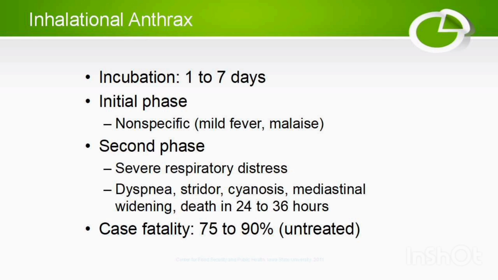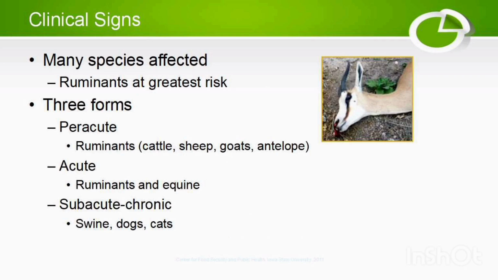The second stage of the disease is characterized by rapidly deteriorating health within 24 to 36 hours. The case fatality rate is 75 to 95% if untreated. Antibiotics and medical care within the first 48 hours of the onset of the signs are indicated.